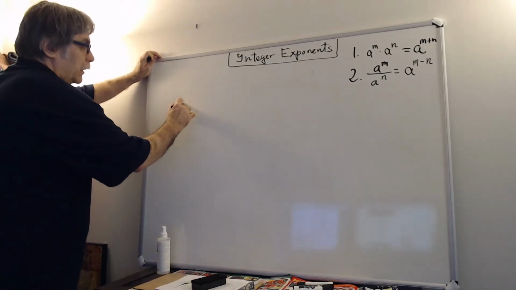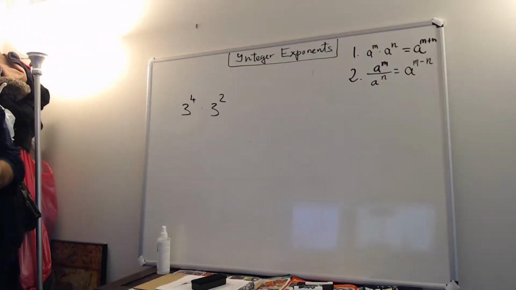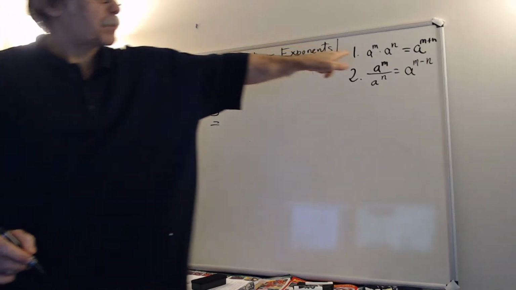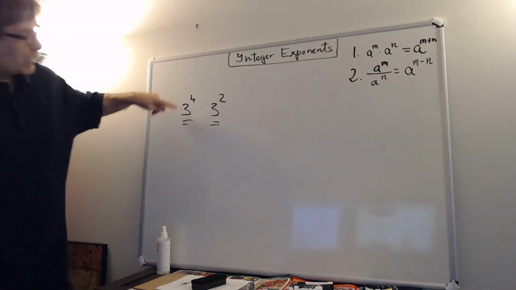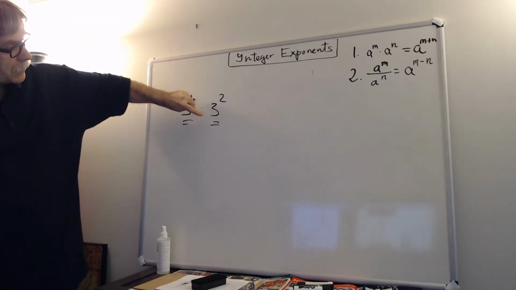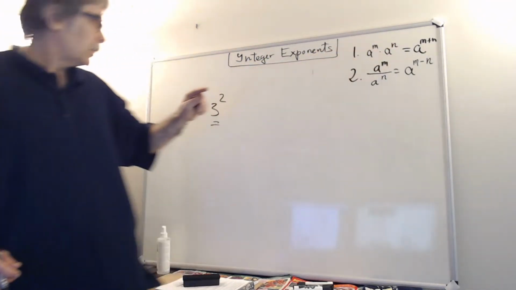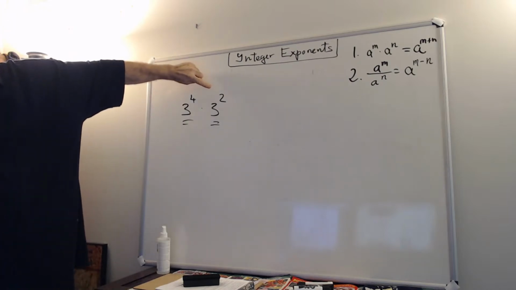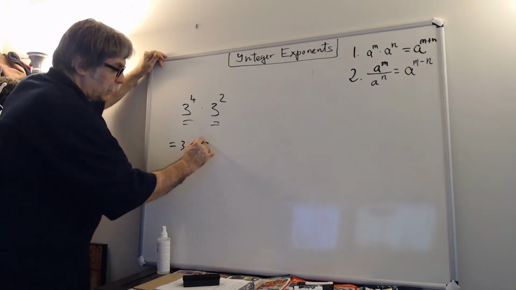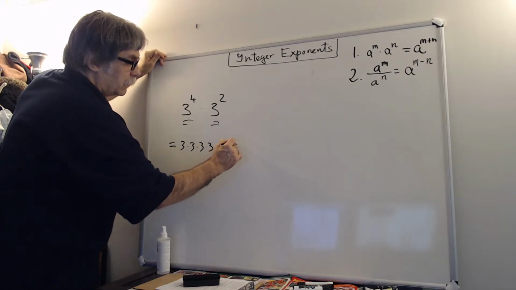So, for example, we have 3 with the power of 4, multiplied with 3 with the power of 2. You can see the base is the same. So that's my A in this property. The first one has the exponent 4. In the second power, I have exponent 2. So these were my m and n, 4 and 2. What we have here is 3 times 3 times 3 times 3. That's the first power. The second power is 3 times 3.